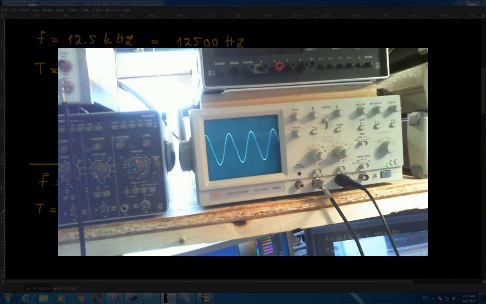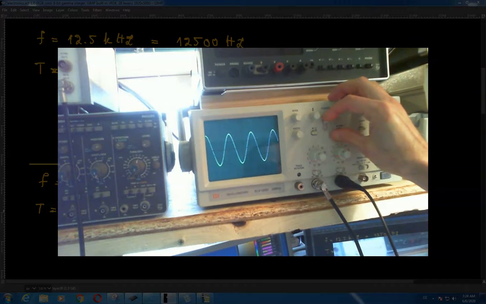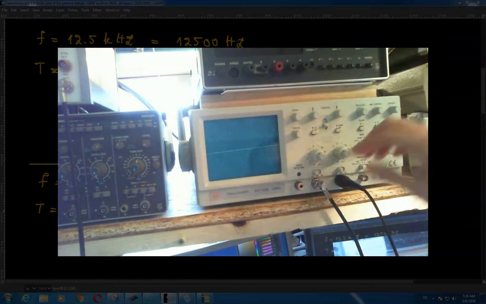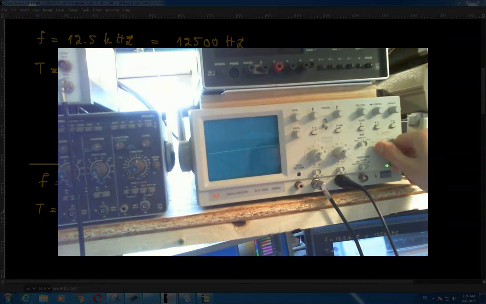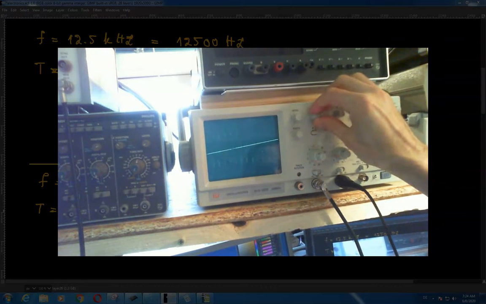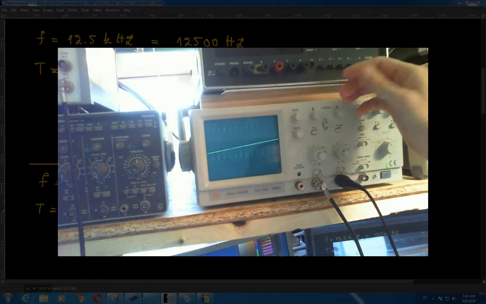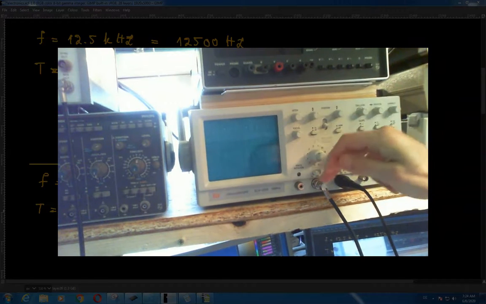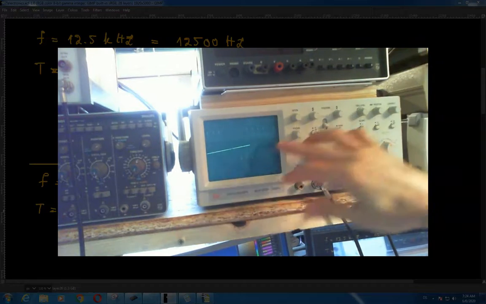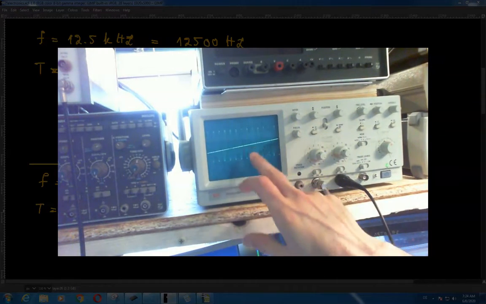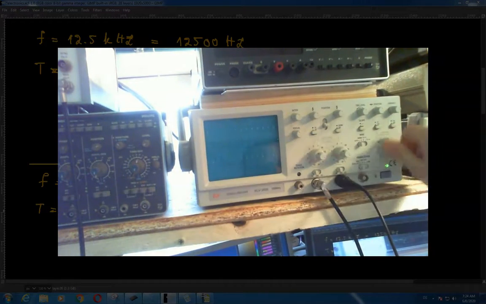If I want to see both of them, I can set this oscilloscope to dual mode, and now you can see both of these waves at the same time, right? But the problem is that this is the first wave, channel A or channel 1, which is a much higher frequency, and this over here is channel 2, which is a much lower frequency.